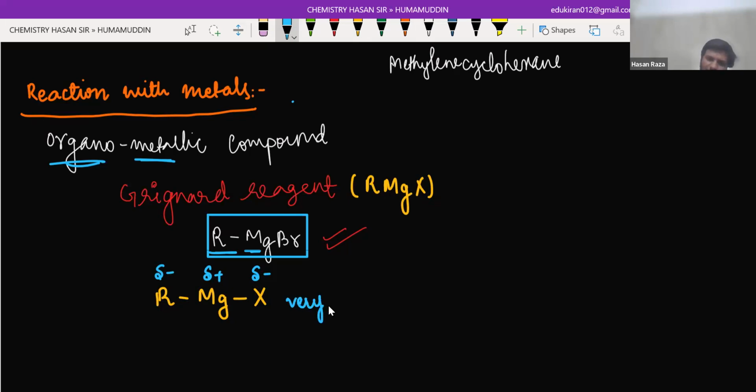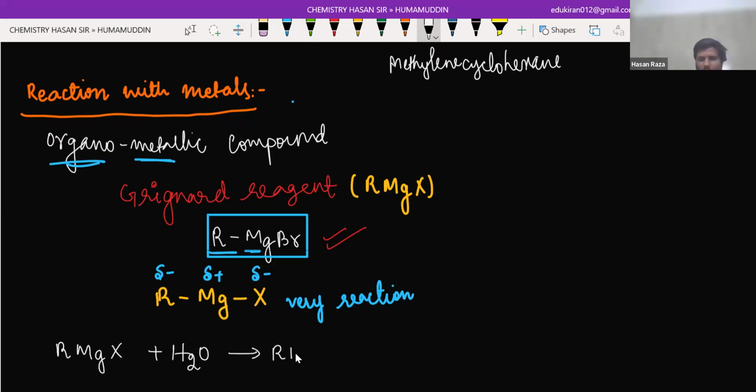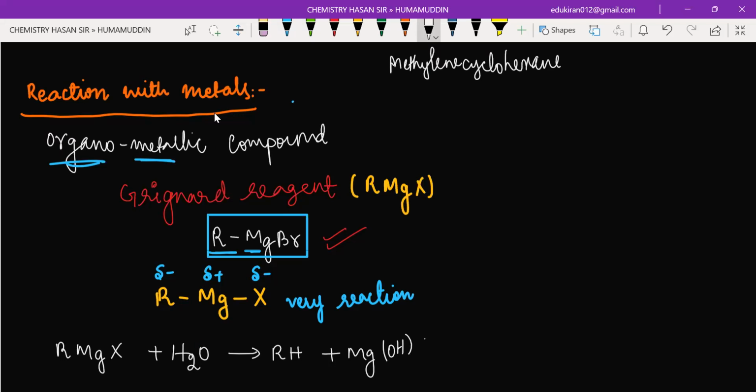It is so reactive that even moisture reacts with it and converts it into hydrocarbon. If you react RMgX with water, or moisture comes in contact with it, it will convert itself into hydrocarbon RH plus Mg(OH)X. I'm going to show you how this reaction took place. It's very easy. Let's say this is your RMgX.